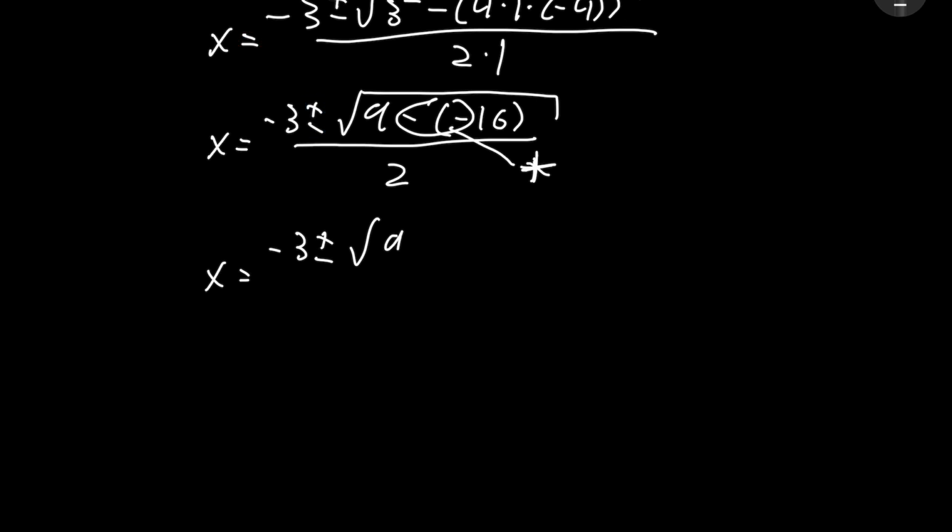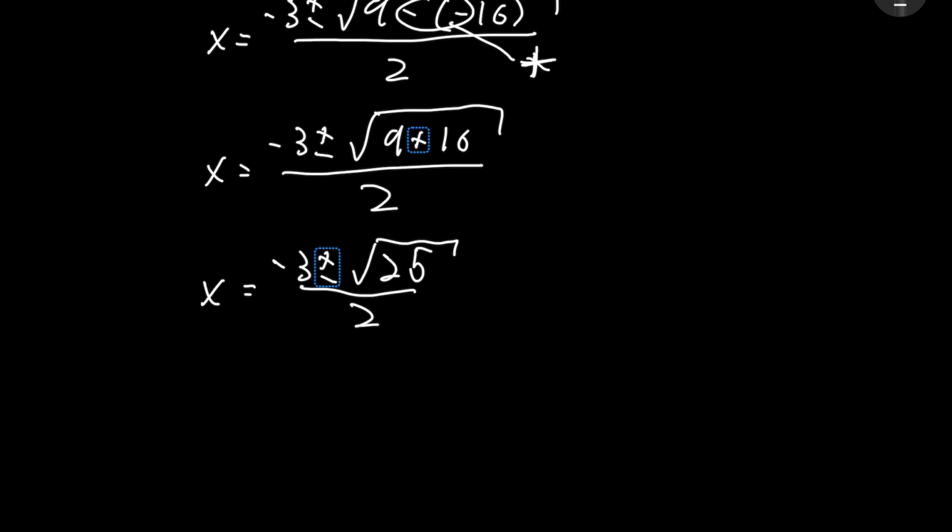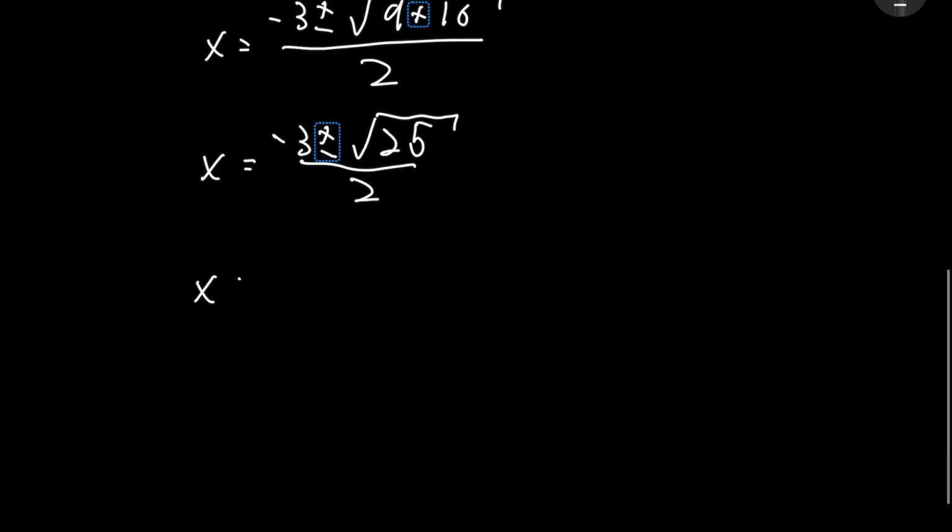So that will be 9 plus 16, divided by 2. x equals minus 3 plus minus the square root of 9 plus 16, which is the same as 25, divided by 2. x equals minus 3 plus minus the square root of 25, which is 5, divided by 2.